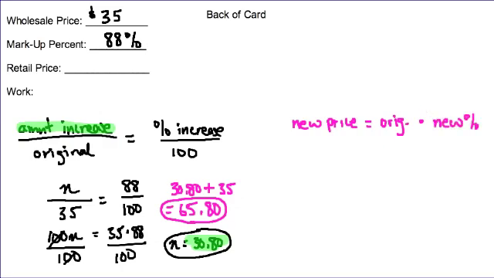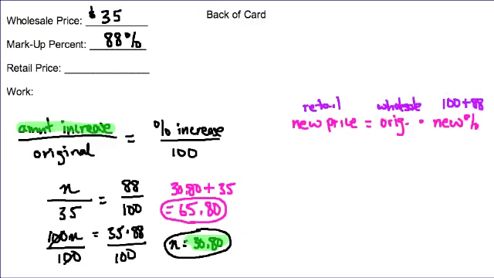Let's write in some notes here. The new price is the retail. The original is the wholesale. And for the new percentage, I'm going to take 100 and add to it whatever my markup percentage is. In this case it's 88.